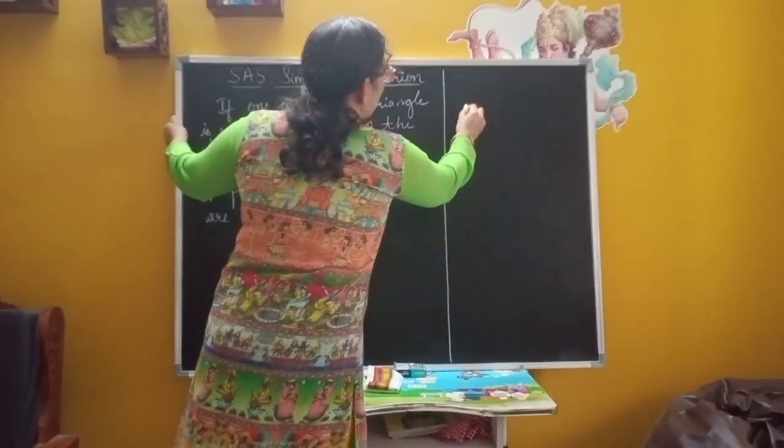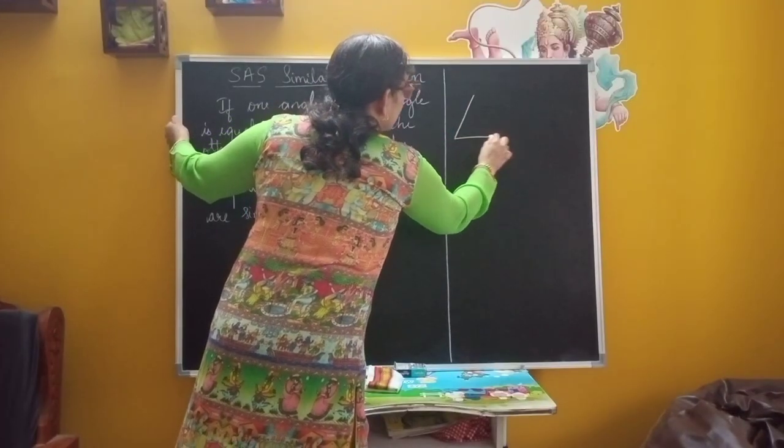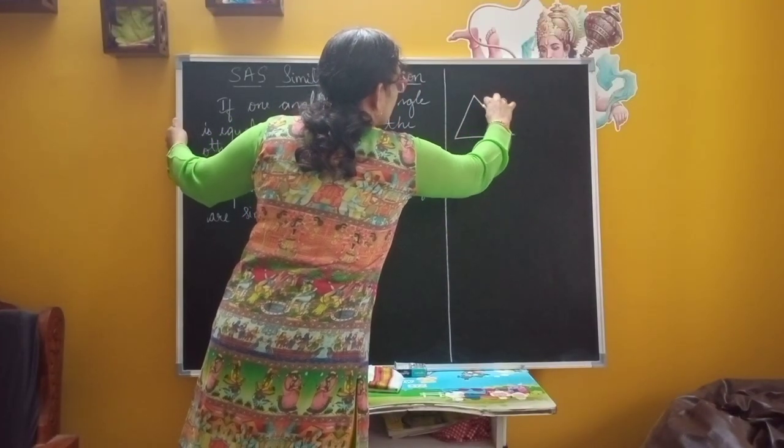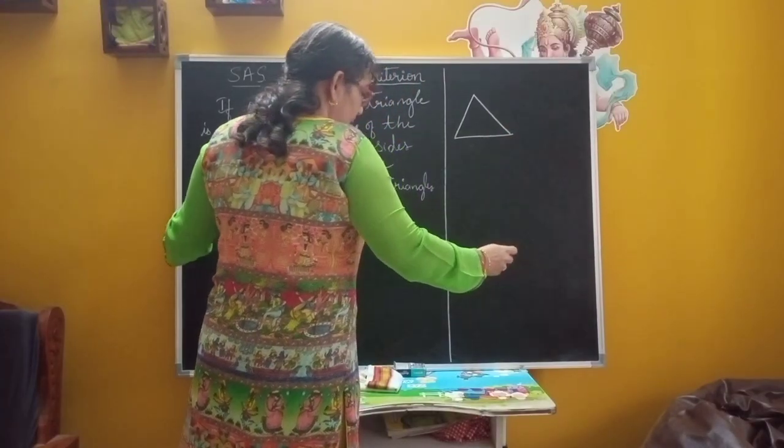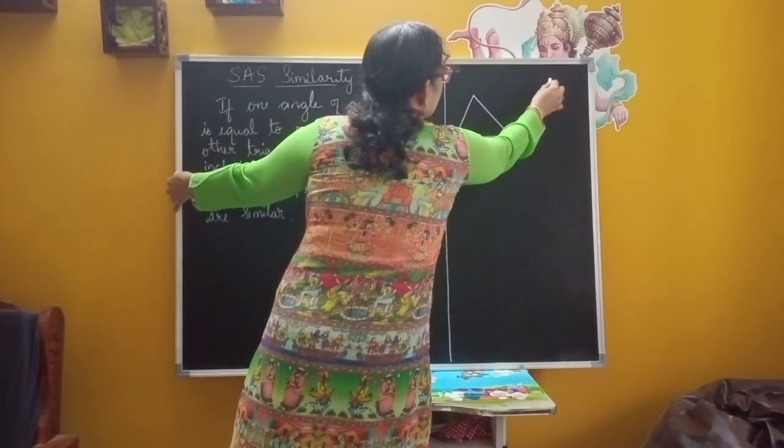Let me draw one triangle ABC, and the other one a little bigger.